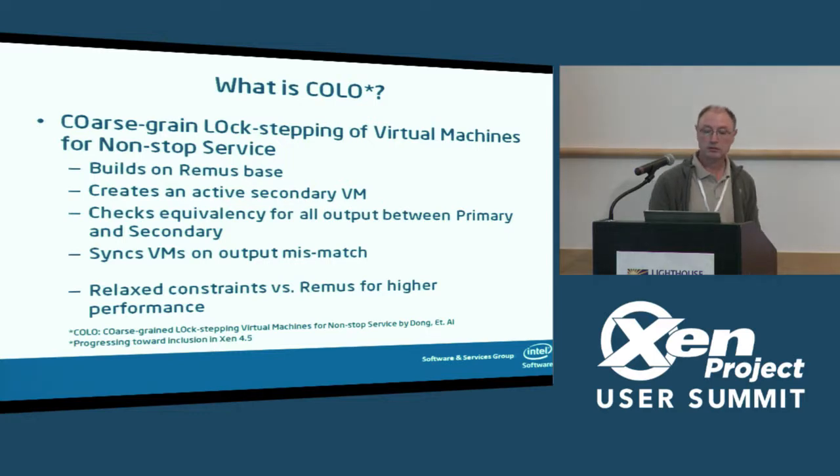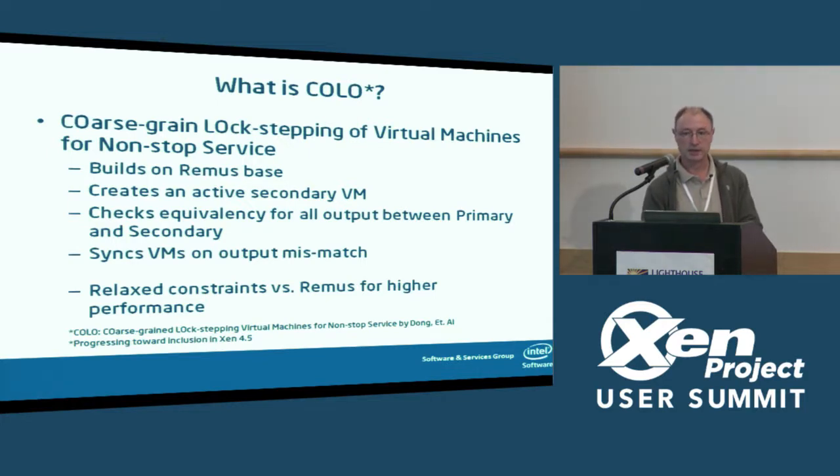Now, COLO is a little bit different. The reason that we call it coarse-grain lock-stepping is the object that we're using to do the stepping is the response. So we run 2 active systems instead of the active-passive. They both receive the request, operate on the request, generate a response, and then that response is checked.